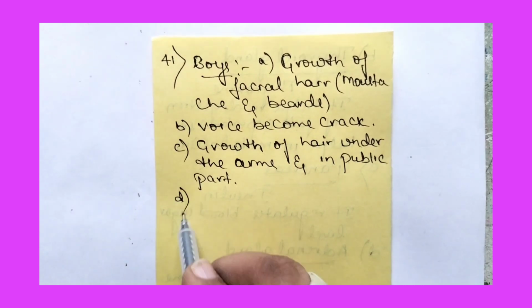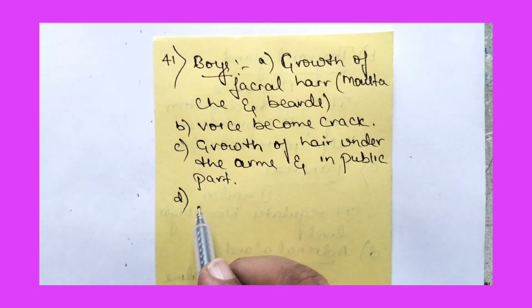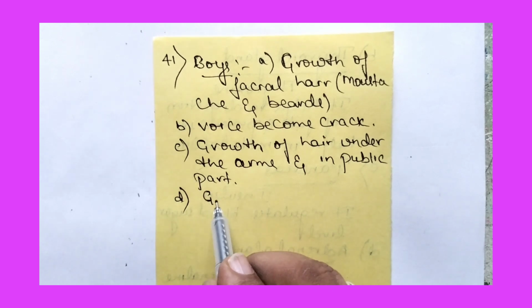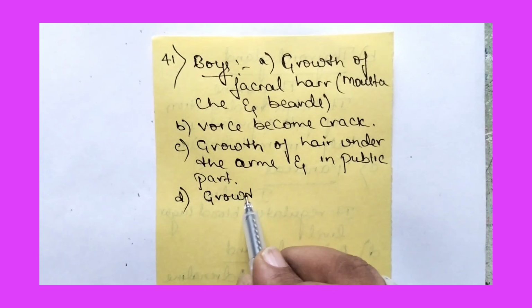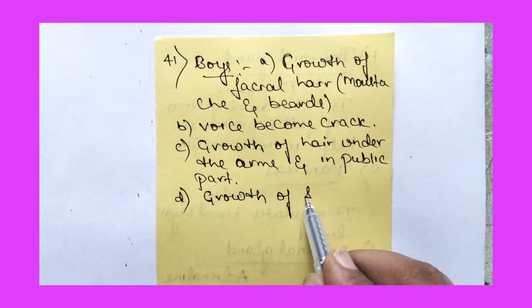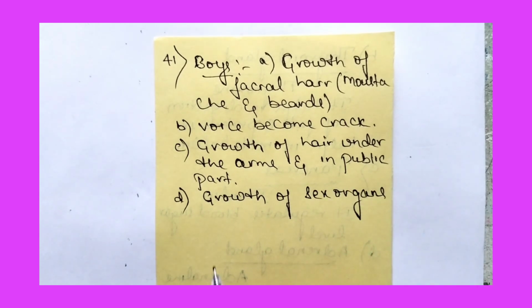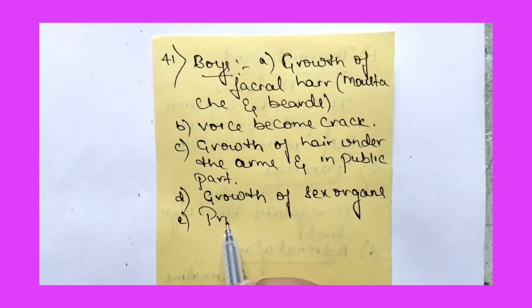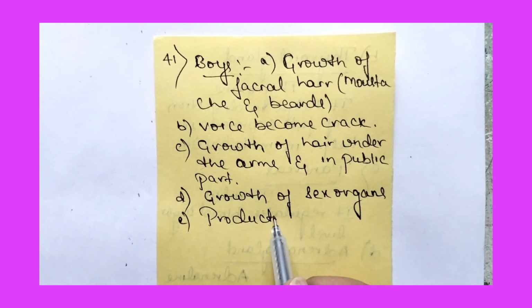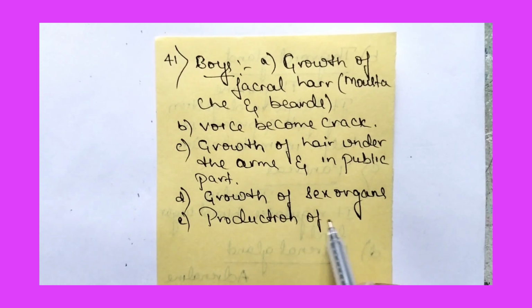Next, the fourth one is growth of sex organs, that is testes and penis growth will be there. Then production of sperms starts.